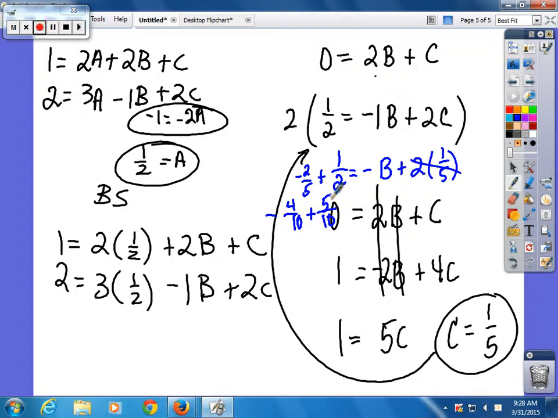I got 1/10, negative 1/10. Is that what y'all got? So I forgot what we're looking for, oh, we're looking at A, B, and C. So A is equal to 1/2, huh? It should be negative because there's a negative B right here.